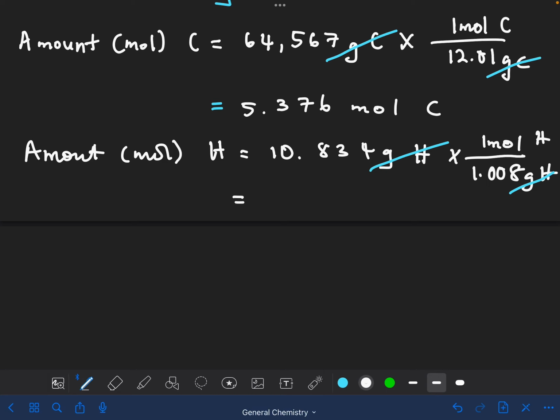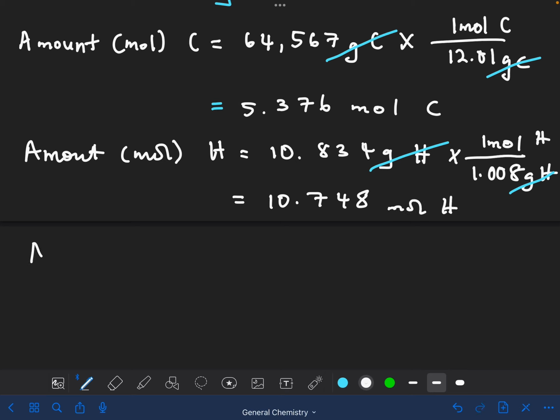Here, we are gonna get 10.748, right? So it's 10.834 divided by 1.008, so 10.748. Okay, cool. That is moles of hydrogen.